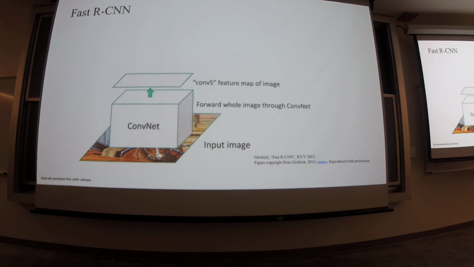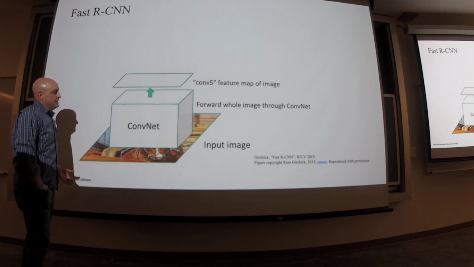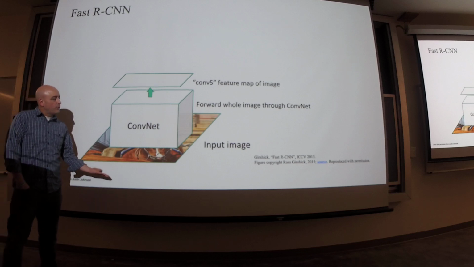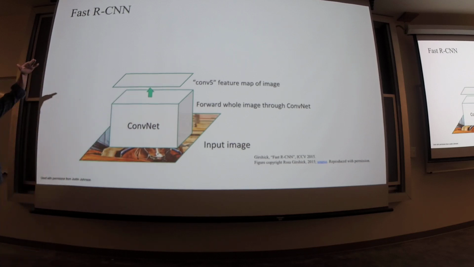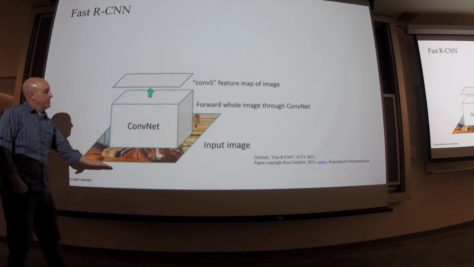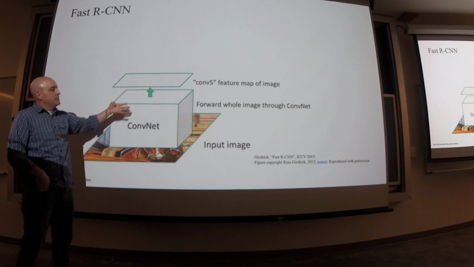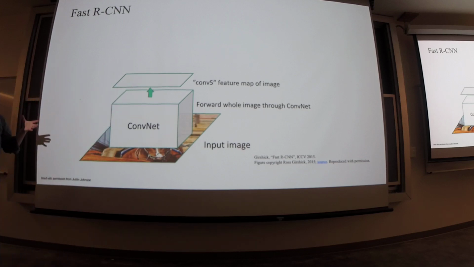What it did is take a pre-trained network and forward the image through it to the conv5 layer. Actually they used a VGG19, so you have the well understood conv5 layer there. They forwarded the image through the network up to that layer, and now you have a spatially reduced version of the image with a whole bunch more channels.